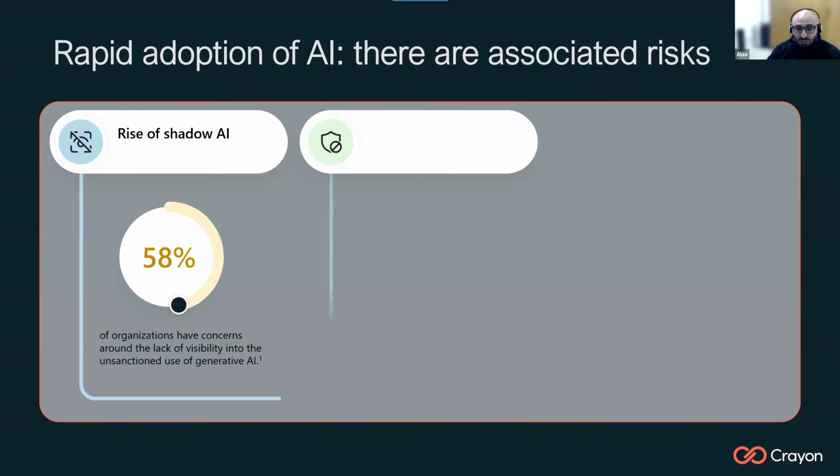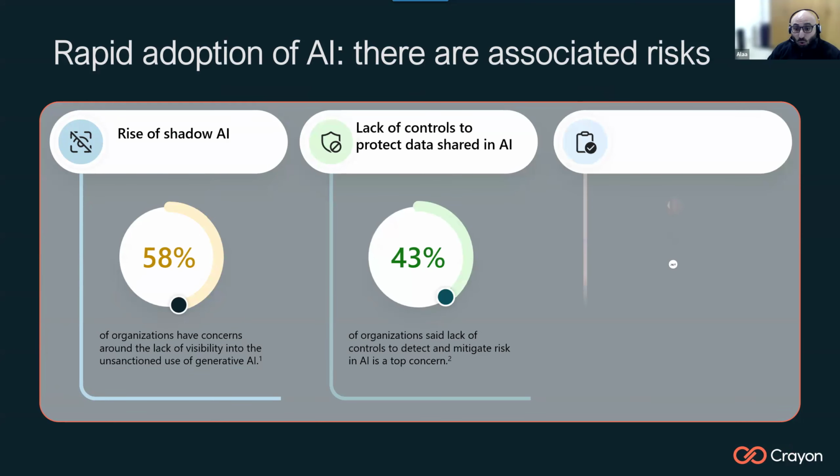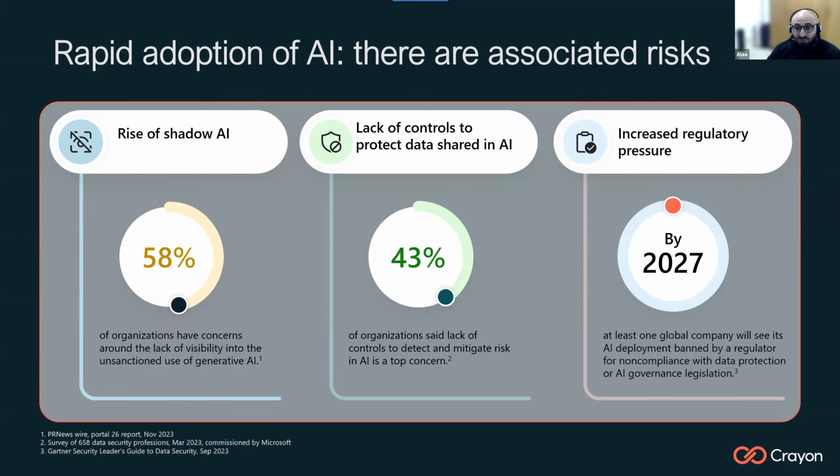With any new technology, there are always going to be threat factors that attackers are waiting to take advantage of, and generative AI is no different. So when it comes to generative AI, there are three main risk categories that organizations or businesses need to be aware of and manage together.